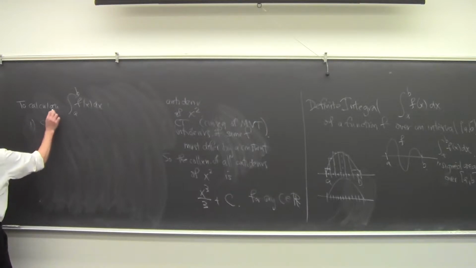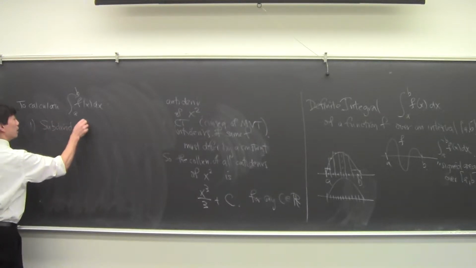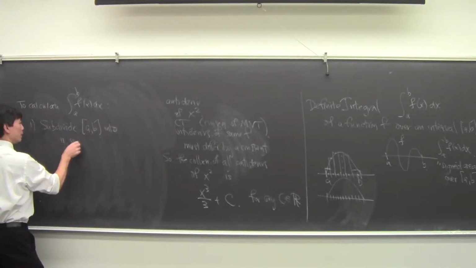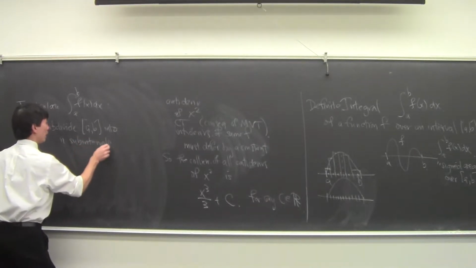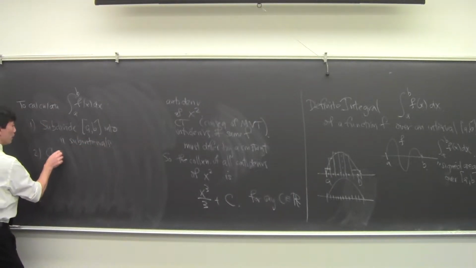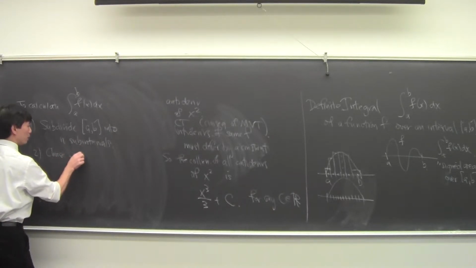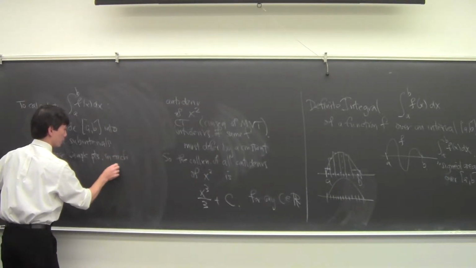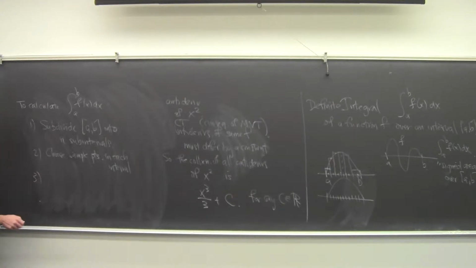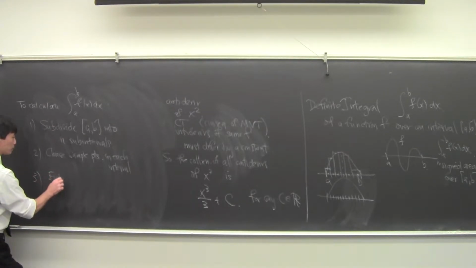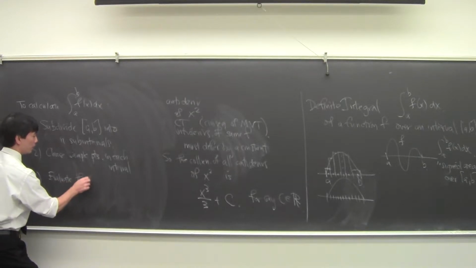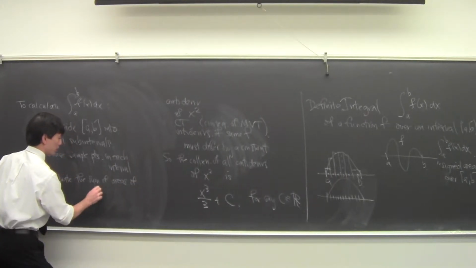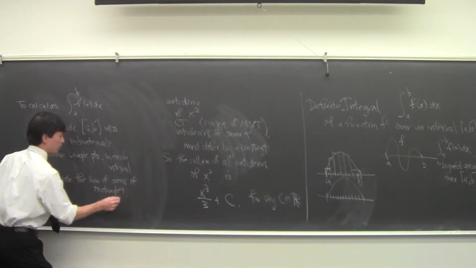You subdivide A to B into intervals, you choose sample points in each interval, then you evaluate the sum of the areas of the rectangles.